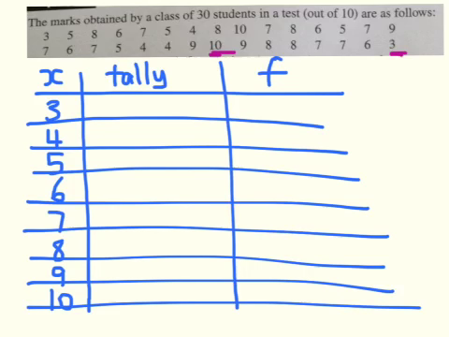The very first number there's a 3, so I'm going to tally down 1 dash for a 3. Then I'm going to do a 5. I'm going to work my way through. Every time I mark it down, I cross it off, until I have done my entire set. So let's just fast forward to having it done.